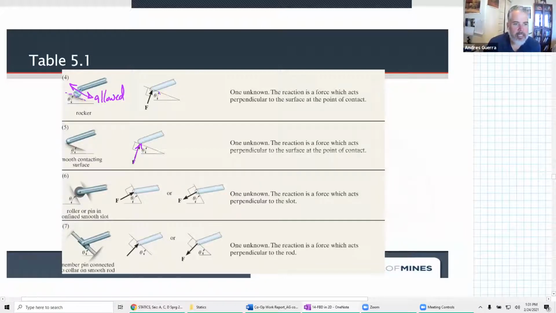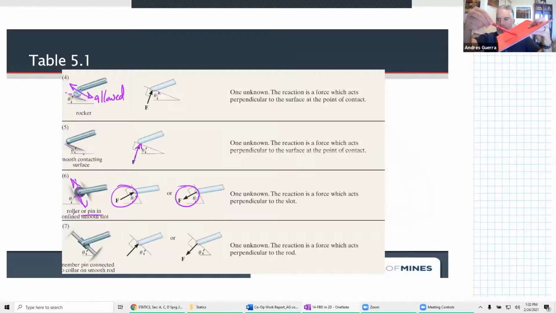We can now extend that knowledge to a roller or pin in a confined slot. That's allowed to move up and down in that slot, and now that it's confined, we can see the force can go in either direction. But with a smooth contact, does it ever prevent the rigid object from moving away from it?